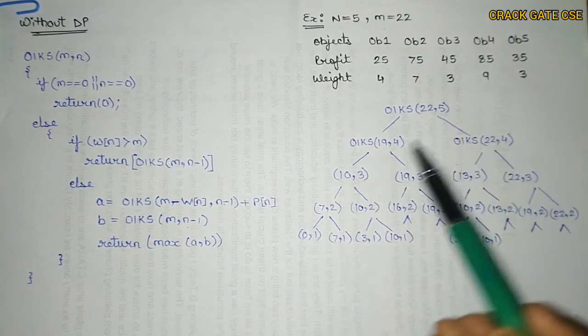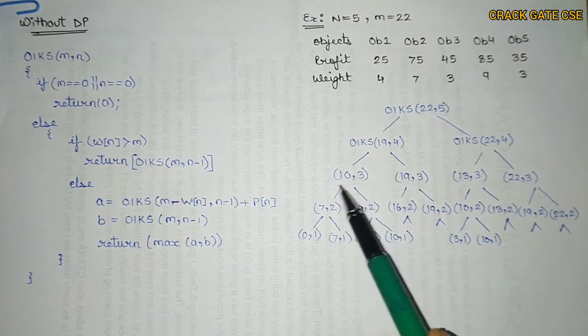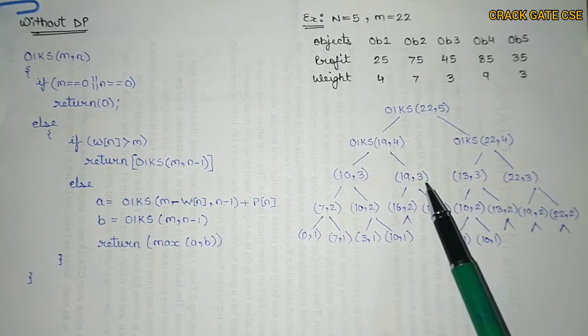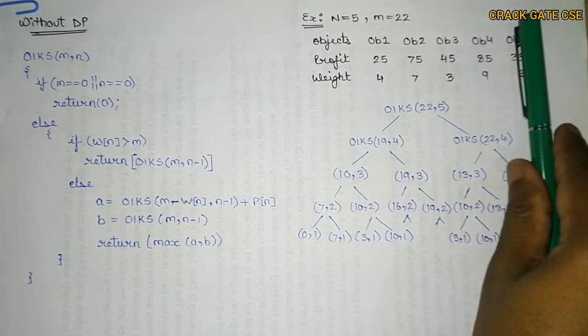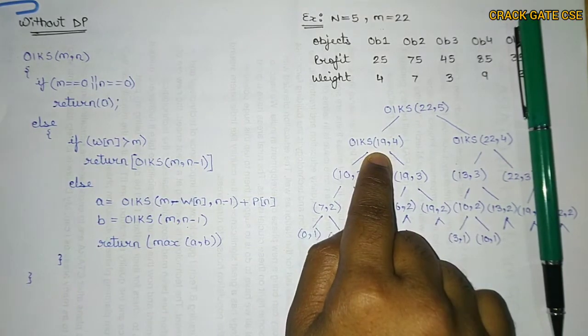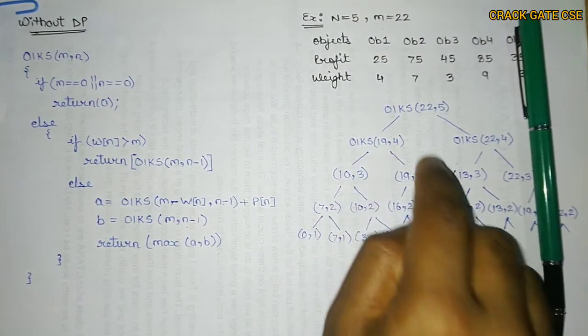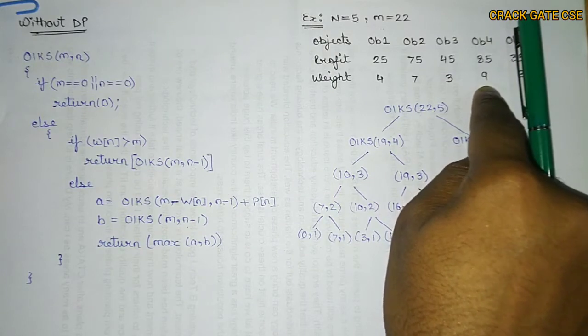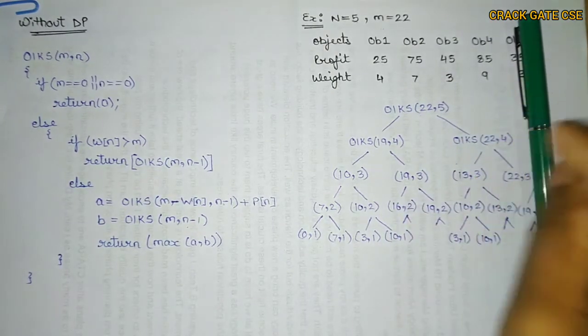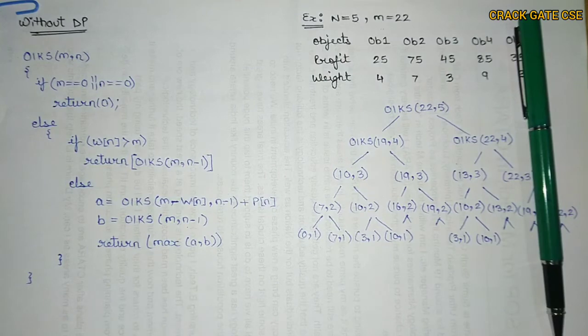Similarly, on the left hand I am taking that object, on the right hand I am skipping that object. Now if I remove this, I have 19 by 4, and in 19 by 4 the next object has weight 9. So I took this object also and kept it in my bag.